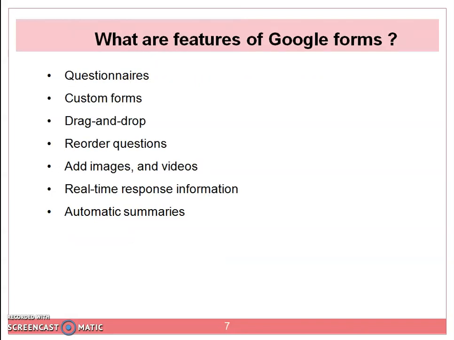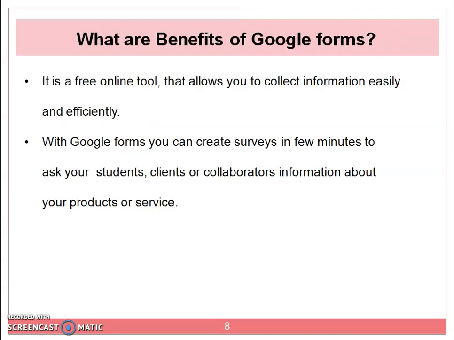What are the features of Google Forms? You can use Google Forms to make questionnaires, custom forms, drag and drop, reorder questions, add images and videos, real-time response information, and automatic summaries. What are the benefits of Google Forms?